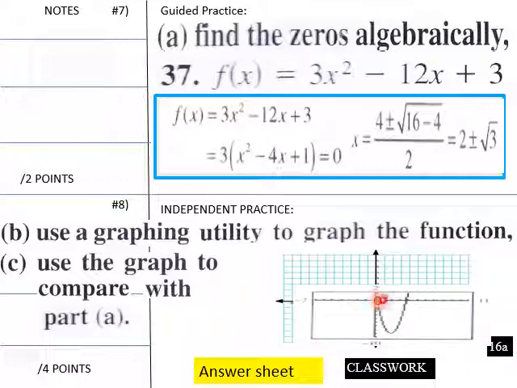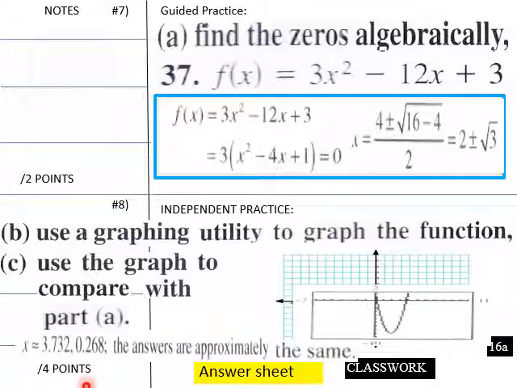And then when we graph it here, the square root of 3 is 1 point something, so we get this here, that would be a subtraction. And when we add the square root of 3 to 2, this would be our other solution there. So here are our solutions, 3.732 and 0.268. So that looks about right. You can use your trace feature on your graphing calculator to check these.